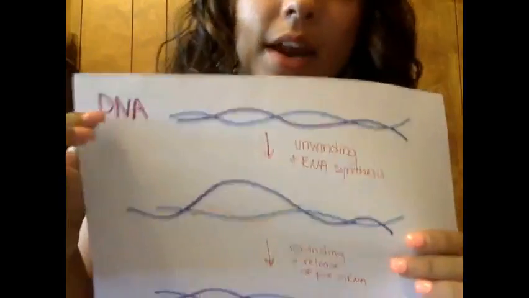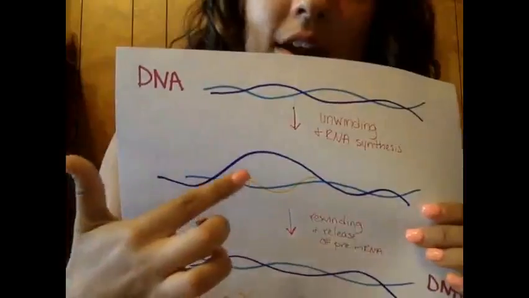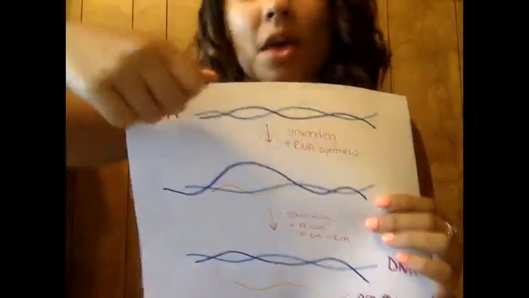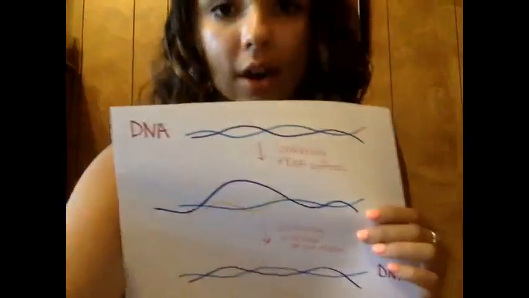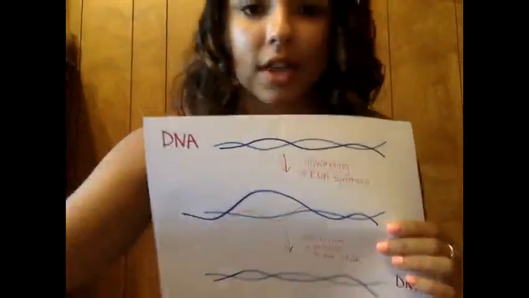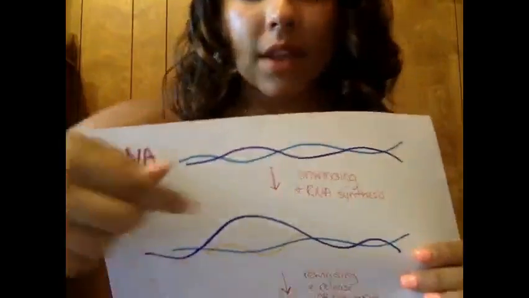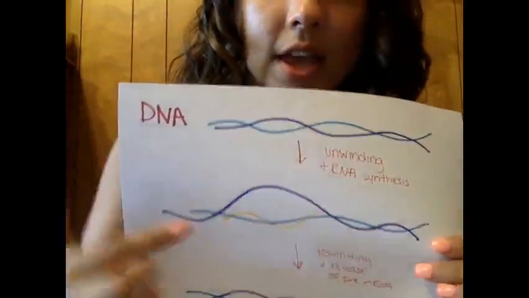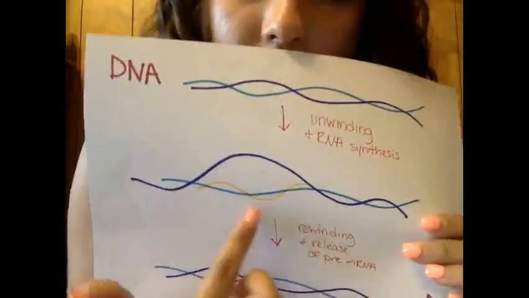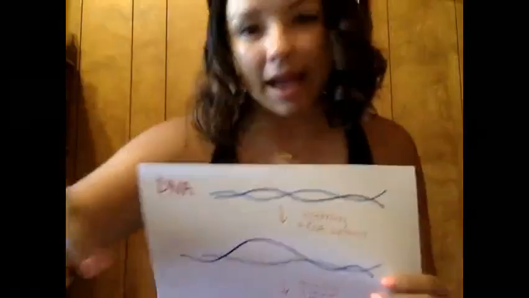When DNA starts to turn into messenger RNA, it pulls apart. As you can see right here, the helixes start to spread. Whenever that happens, there are different bases floating around the DNA. As this spreads apart, this orange line right here is bases that come in, and think of it like magnets.